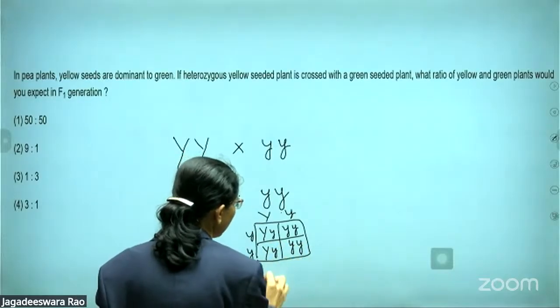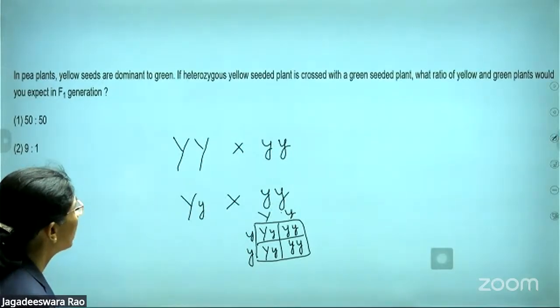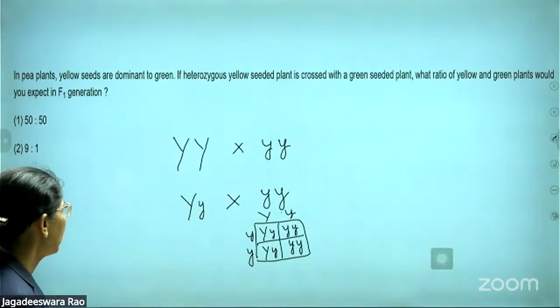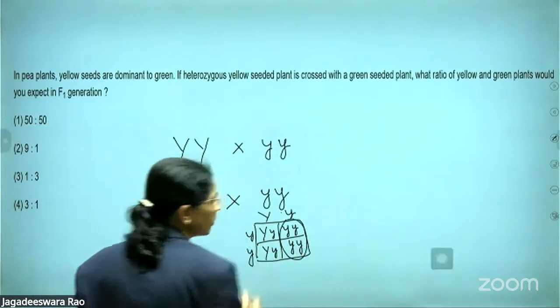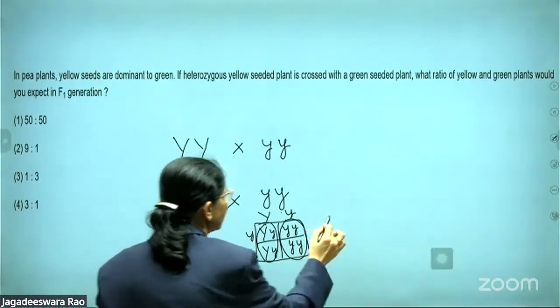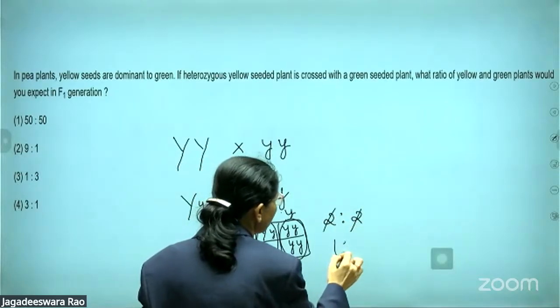So how many of them are yellow and how many of them are green seeded plants? Can you tell me how many? Say 2 green and 2 yellow. That means 2:2, that means 1:1.